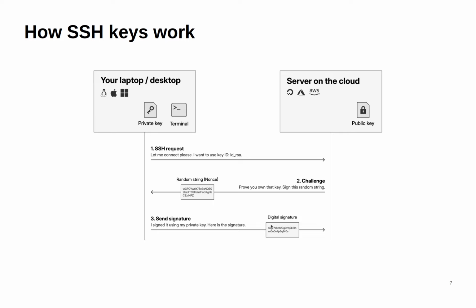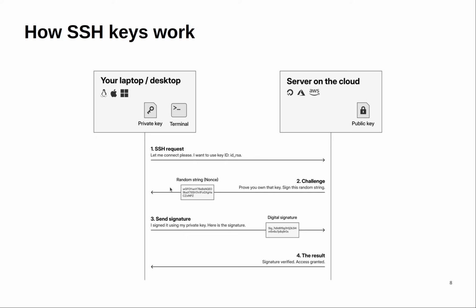Now the server will receive this and will try to do the math to verify if the private key is correct. If that's the case, the server will grant access because it verified that the signature is correct. Otherwise, it's going to block this request, and anyone except you will not be able to log into your machine. So this is how SSH authentication works.